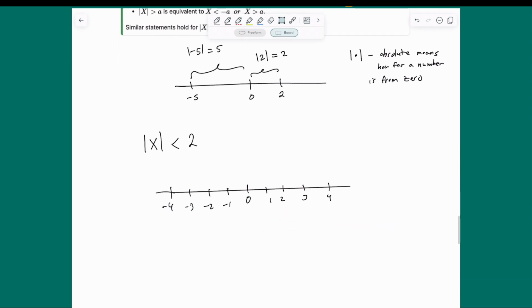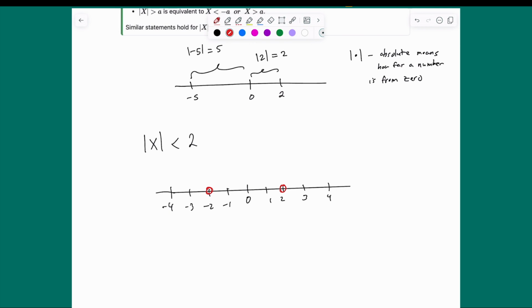Okay, so then we want all numbers that are less than 2. Now, of course, where are the numbers that are equal to 2? Well, equal to 2 would happen at exactly 2 distance away, right? But of course, this is strictly less than, so I would not include 2, and also -2. -2 and 2 would be exactly 2 units away from 0.